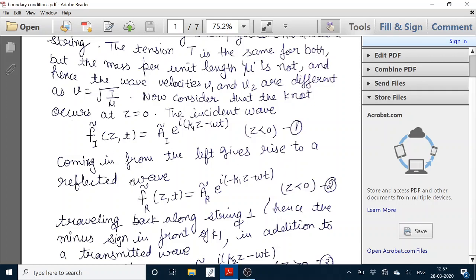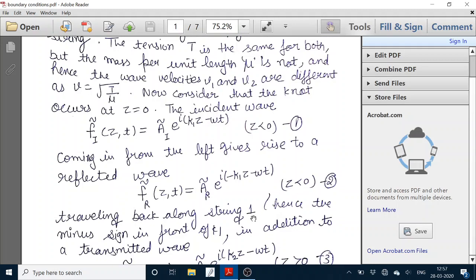Here the tilde symbol represents a complex wave function, and the negative sign in front of k1 is because the direction of the reflected wave is opposite to the incident wave.